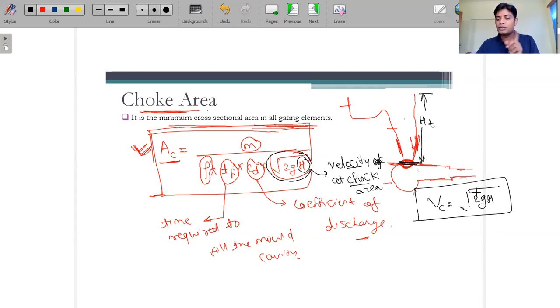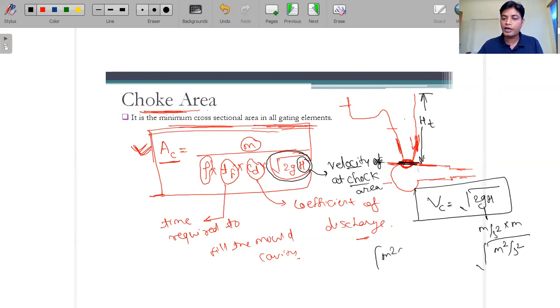In other terms also you can say, by unit you can define that g is in meter per second square, and h is the height, in meter or mm we can say. So this will be meter square per second square. Root means power 1 by 2.